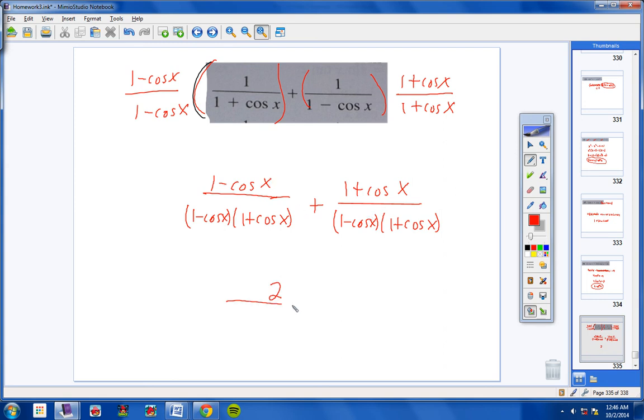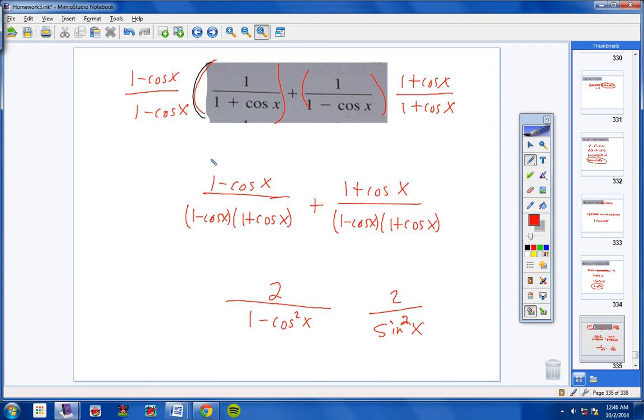So 2 over your common denominator, which is really 1 minus cosine times 1 plus cosine, which if you multiply your denominator out, you're going to get 1 minus cosine squared. And don't forget, 1 minus cosine squared is sine squared, okay?